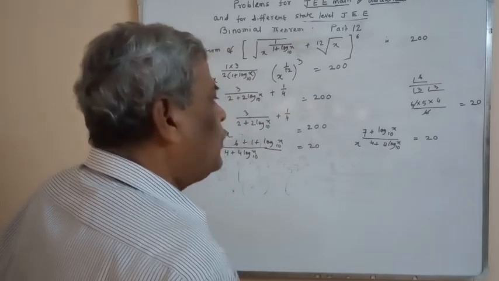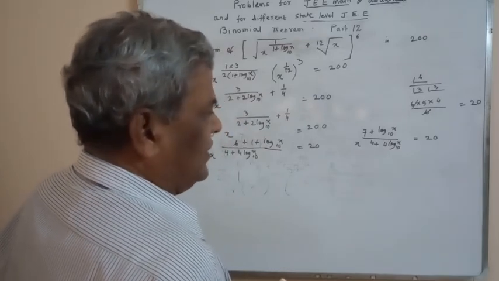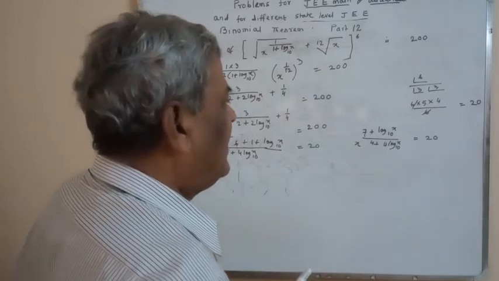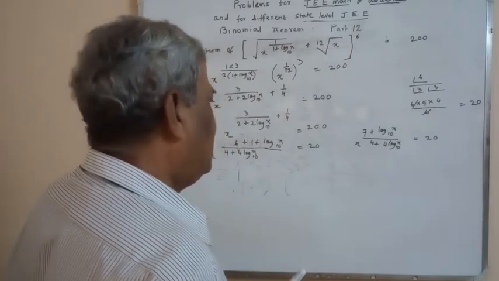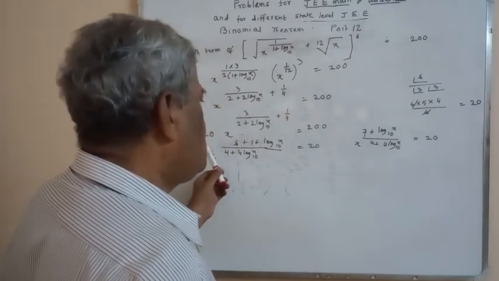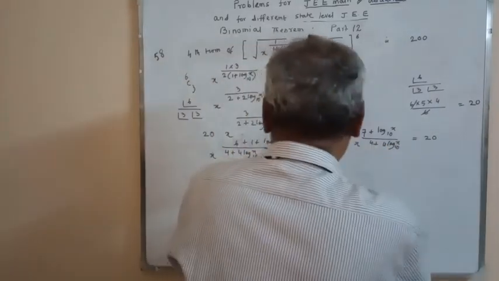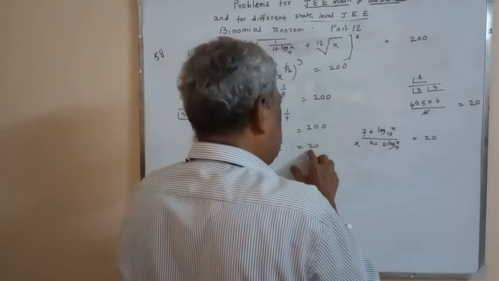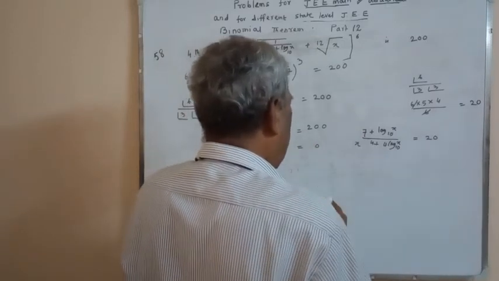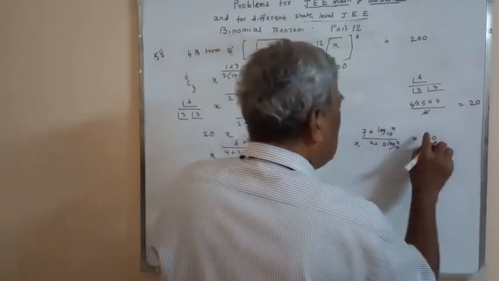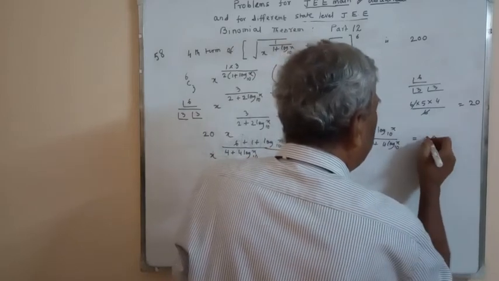Now from here we have to calculate x. After cancelling by 20, it is 10.